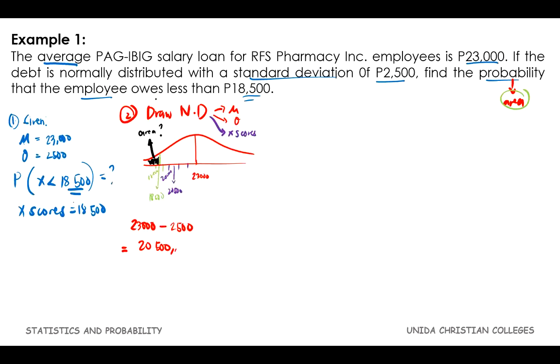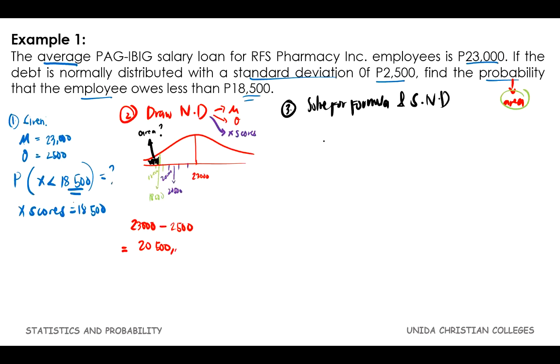Okay, next. Pag na-input na natin yan, nakagawa tayo ng normal distribution, our third step is solve for the formula. Kunin na natin yung area na kailangan natin. At the same time, we have to draw the standard normal distribution.